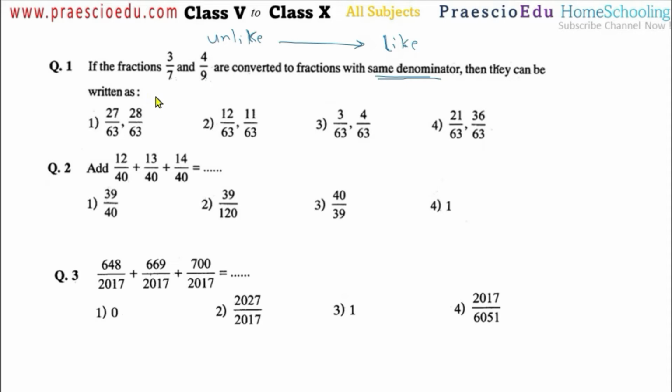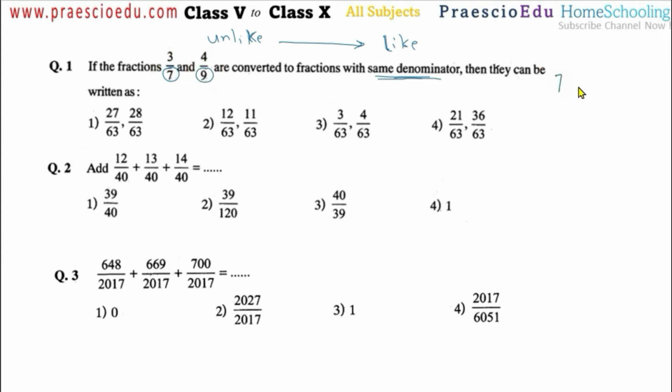Then they can be written as, so before converting, we have to write their equivalent fractions. We have to make their denominators the same up to that stage. The options also mention only the denominator. Now here 3 by 7 and here 4 by 9, so both the denominators we have to make the same.